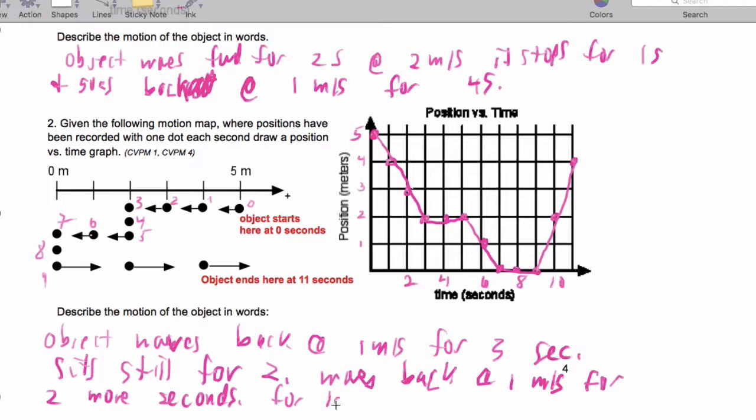For the last 2 seconds, it goes forward at 2 meters per second.